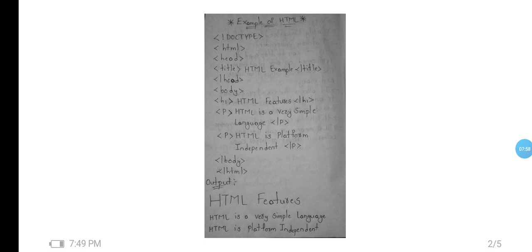Next, we are going to the body tag. Text between the body tags describes the body content of the page. That is, it describes the main content, the particular definition or the particular data of the HTML document.